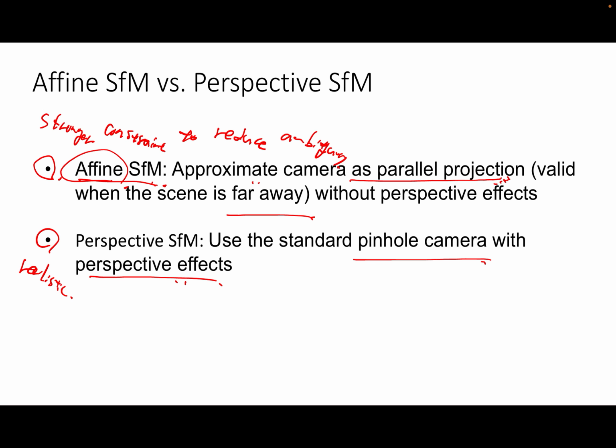I hope you can now understand what I said here: a stronger constraint reduces ambiguity. As we have ambiguity, we use the affine camera model, the affine projection matrix, instead of perspective projection. That is affine SfM to relieve the ambiguity.